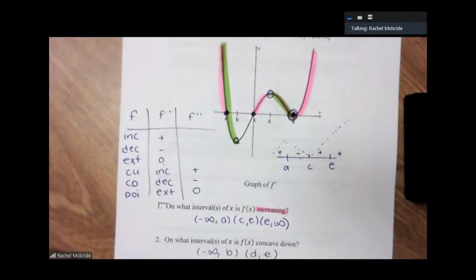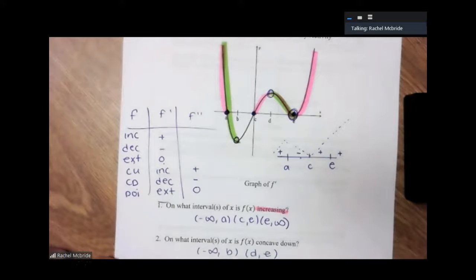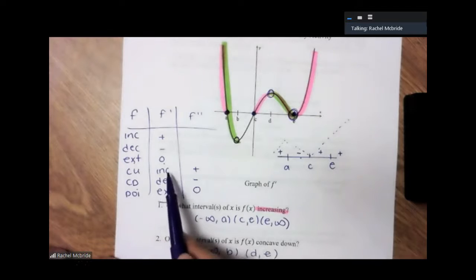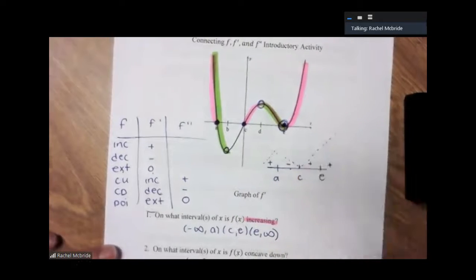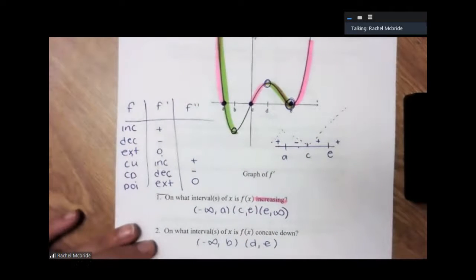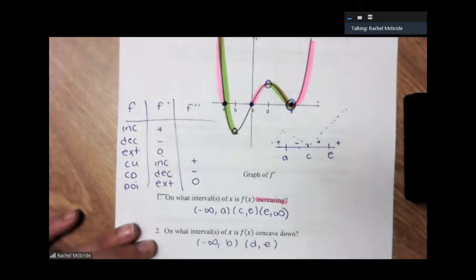A point of inflection will also occur if the derivative goes from increasing to decreasing or decreasing to increasing. So changes, changes, changes. Therefore, f of x has a POI at x equals b, d, and e because these are extremas of f prime of x.